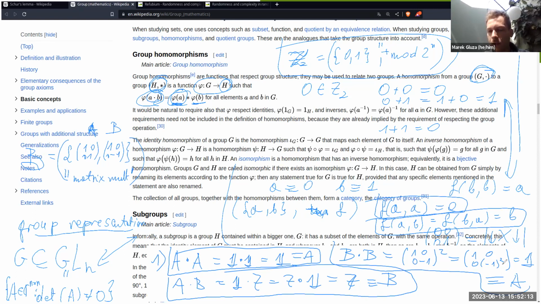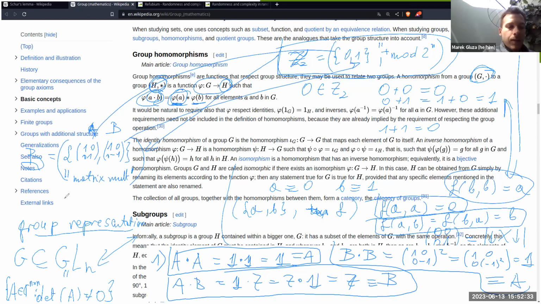B times B is our operation, BB should give me A. Okay, so what I constructed here is a homomorphism for the group Z2 because there's a one-to-one correspondence between the elements. Okay, so my phi of A is A and phi of B is B.